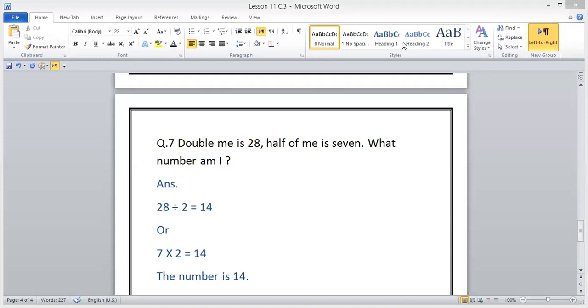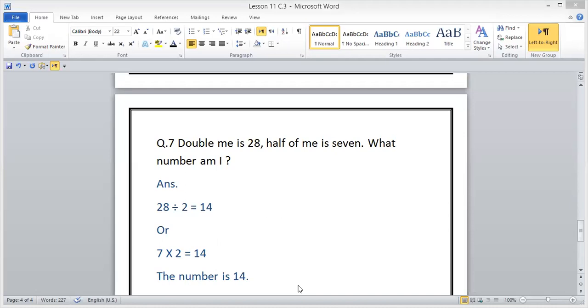Inshallah, from tomorrow we will start from question number 8. Question number 8 will be similar to question number 7. Question number 8, 9, they all are similar. Half of a number or the double of the number is given with the answer, and you have to find out which number's double and which number's half is taken.